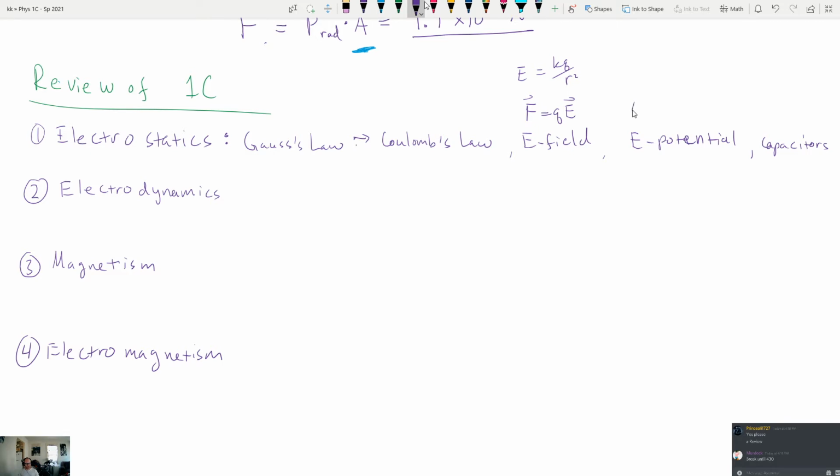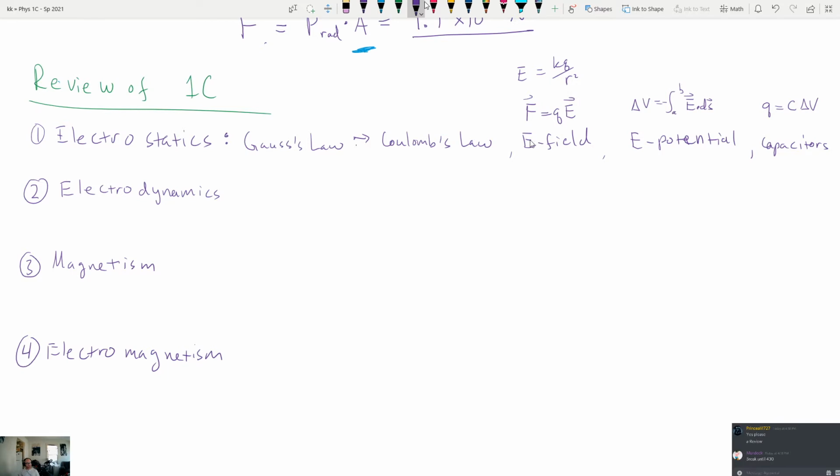Electric potential, which we defined like this: delta V equals the negative integral from a to b of E dot ds. Looking at that equation doesn't help very much, so it's better to just remember that electric potential is the amount of energy per unit charge. And then we learned about capacitors, where the charge on a capacitor is equal to the capacitance multiplied by delta V, the potential difference between the plates, or the potential difference applied to the plates. All of those topics show up in electrostatics.